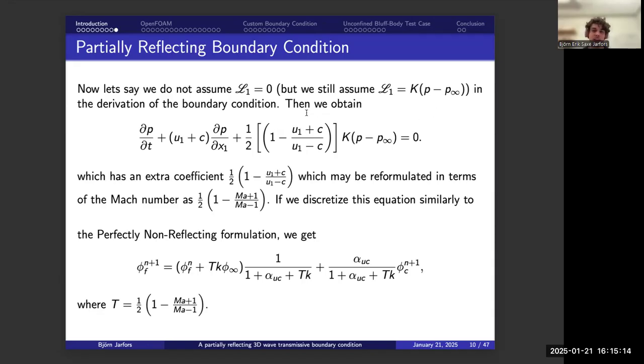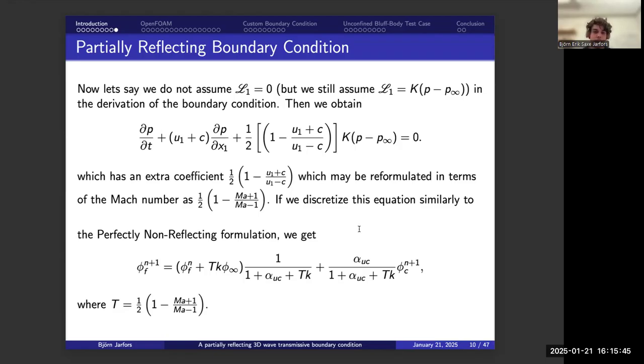And basically what we see here is that we obtain this extra coefficient in front of this outside domain information, which is scaled depending on your Mach number at the outlet. And this can be seen as sort of a transmission coefficient or a reflection coefficient, depending on if you're looking at pressure or velocity.